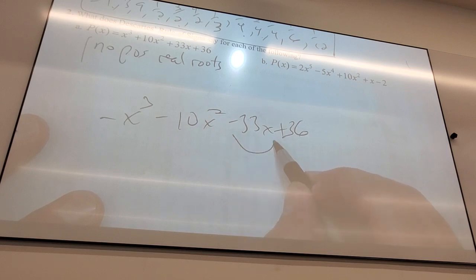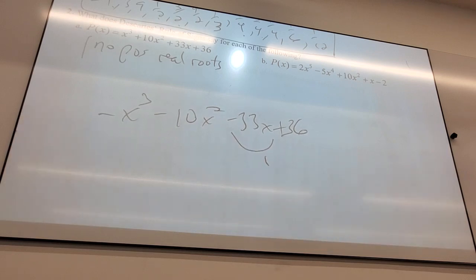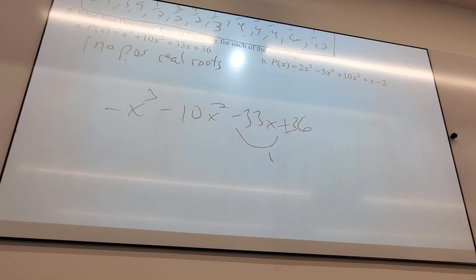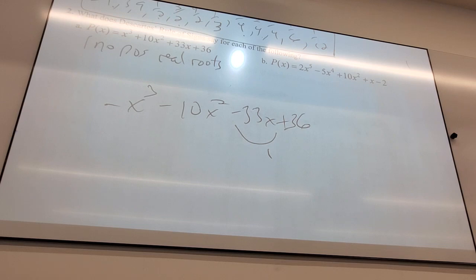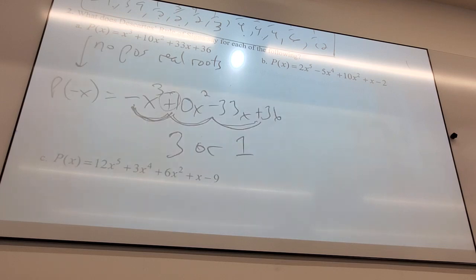Did the sign change? Yes, 1. So there would have been 1 negative real root. So it's just based on how many sign changes there are as you move from term to term. Fundamentally, if there are no sign changes, then there can't be any of those roots. So when you start having sign changes, that allows for cancellations to happen. That's the whole idea.